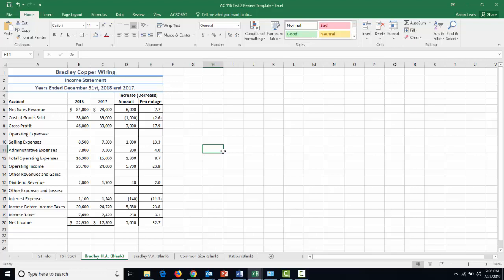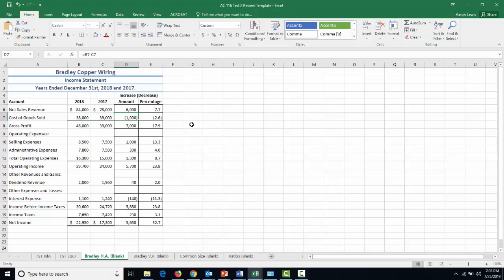Well, if I'm looking at this, things are looking good to me. Our sales increased by $6,000, but somehow, despite the fact that we're selling more, our cost of goods sold, our cost to either produce or acquire the wire, actually decreased by $1,000. So we've increased our profitability by either charging more or by selling more units, but somehow decreasing our cost to acquire those units.